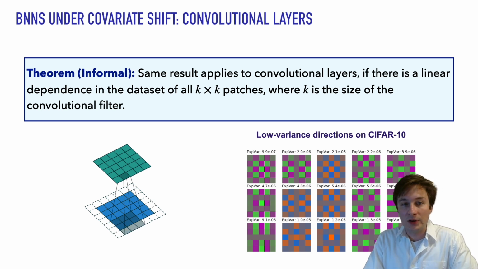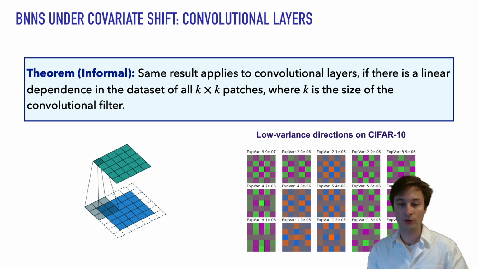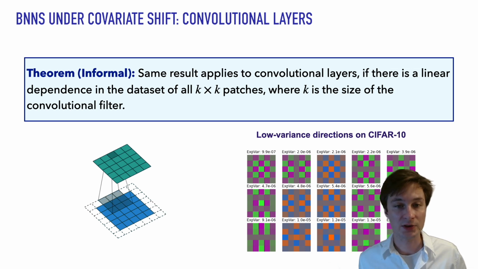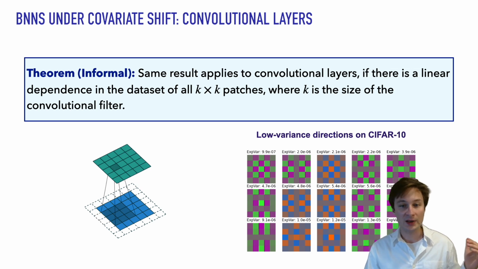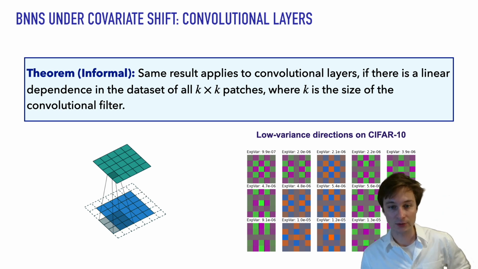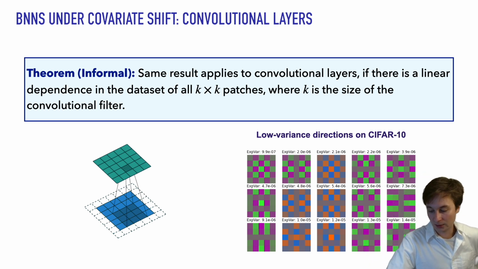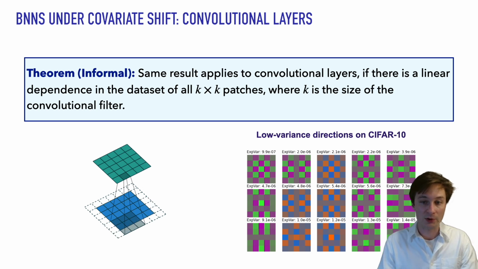If there is a constant direction in the dataset of all of those patches, then we'll have the same issue. The Bayesian neural network will set the corresponding weights to samples from the prior, and if we break this correlation and take the data outside of the subspace, then the Bayesian neural network will degrade significantly in its performance.